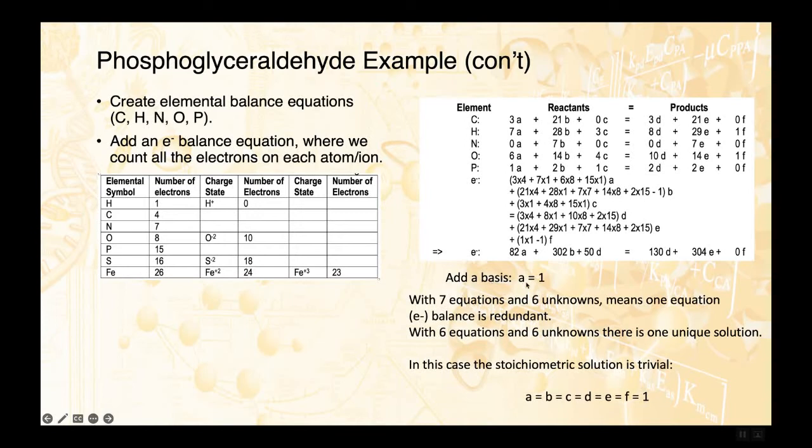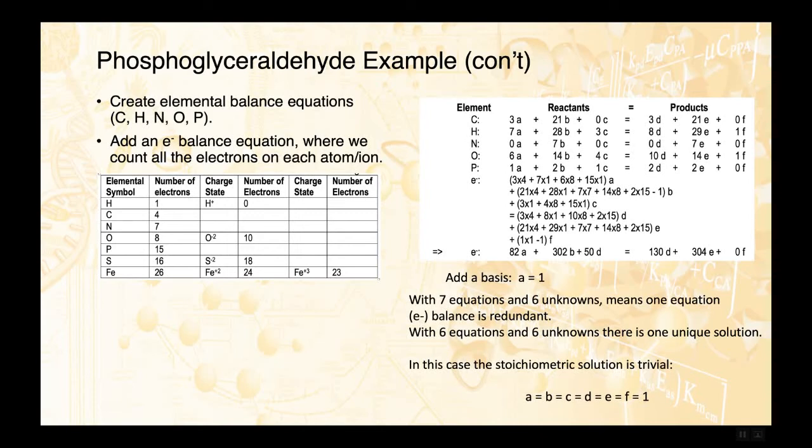I'm allowed to specify one of the stoichiometric values. Typically, you just set 1 to 1, and you see what the others fall out to be. But now I have 7 equations and 6 unknowns, which means one of the balance equations is redundant.